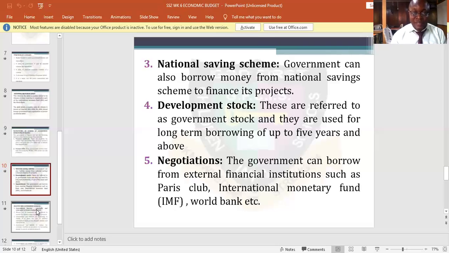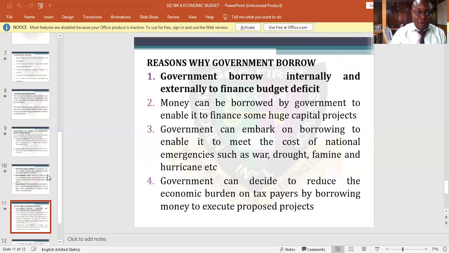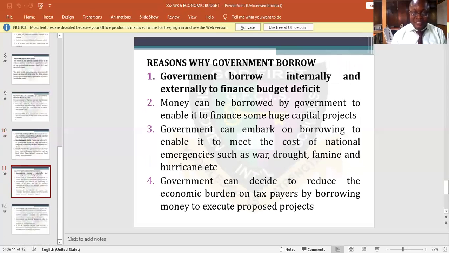Then let us look at the reasons why government borrow. Government borrow internally and externally to finance budget deficit. So the government can borrow within the country or outside the country. They are doing that because they want to correct what is called budget deficit.